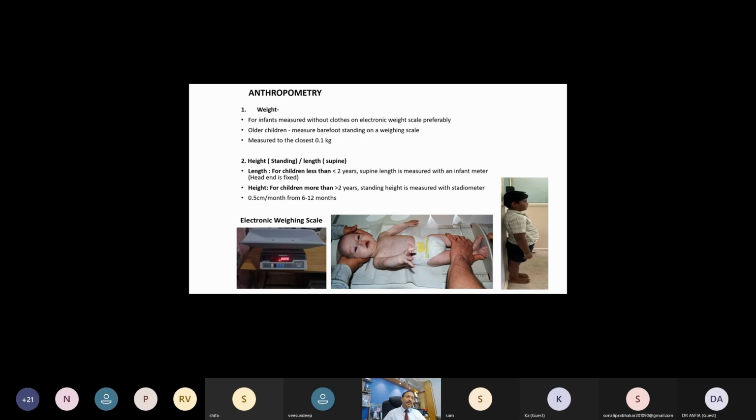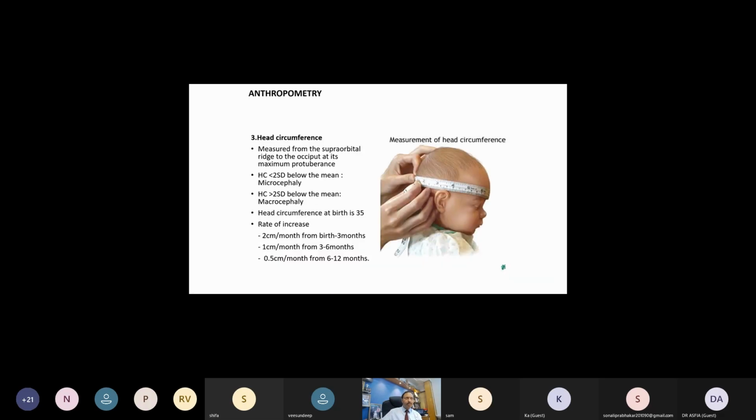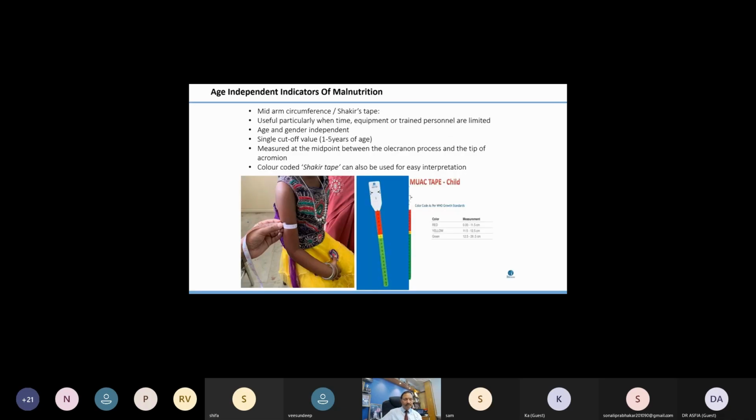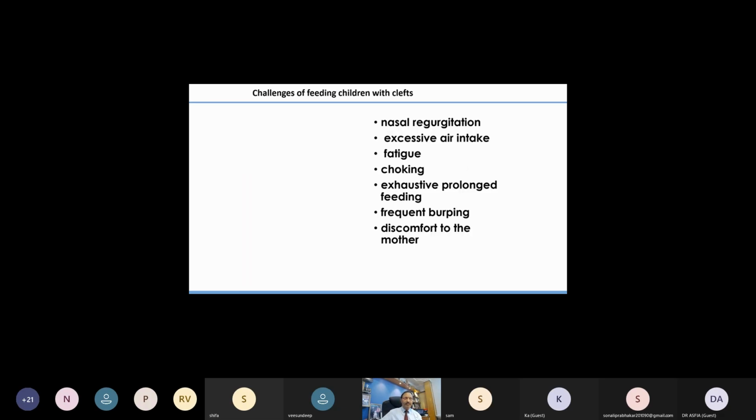But when the child comes, you need to take the weight of the child, you need to take height or length of the child, and all these measurements should be plotted on a growth chart. You have to take all the anthropometric measurements, the head circumference, the chest circumference, the mid-arm circumference, and plot it on a chart, which is important to monitor the growth and nutrition of the cleft child.